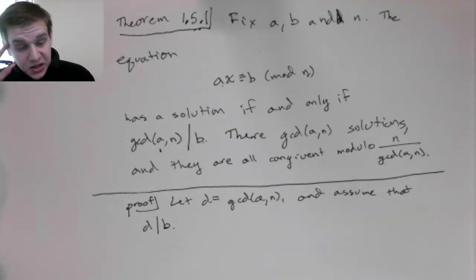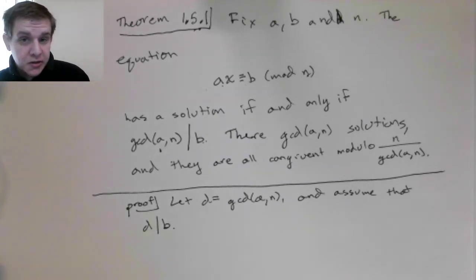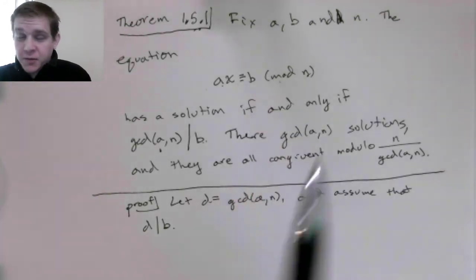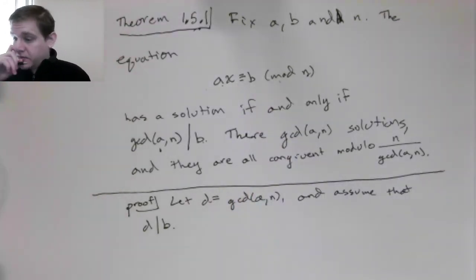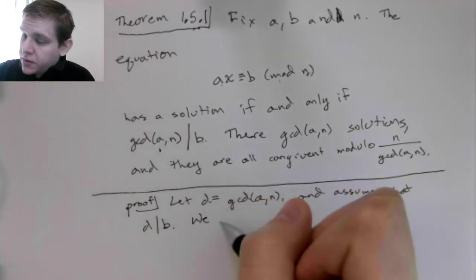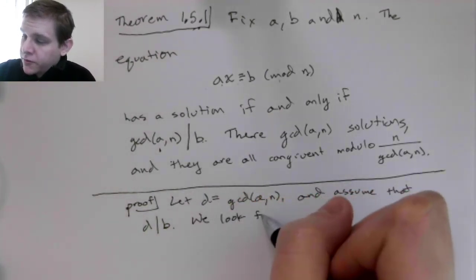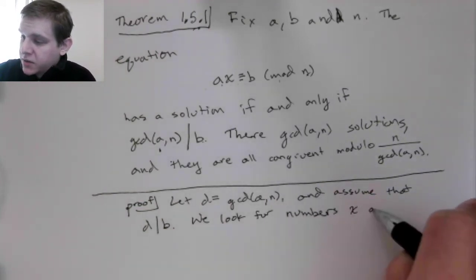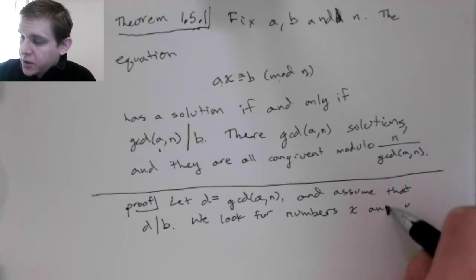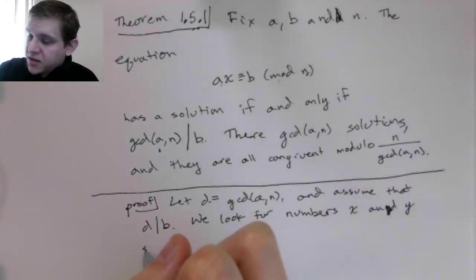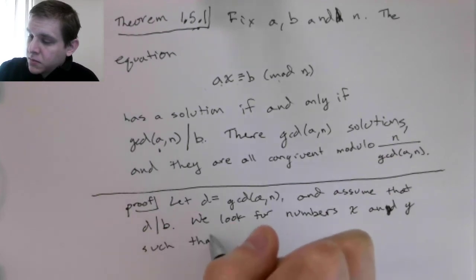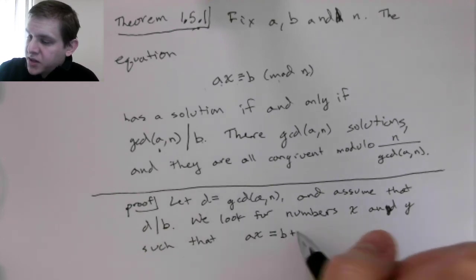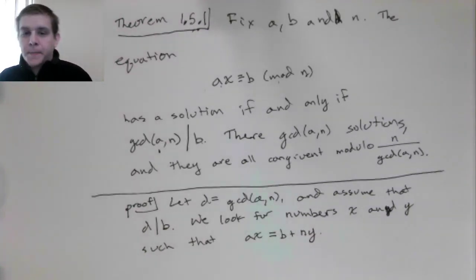Okay, so now it's useful to break down this equation. We're not only trying to find x, we're going to be trying to find other numbers. We look for numbers x and y such that a times x is equal to b plus n times y.